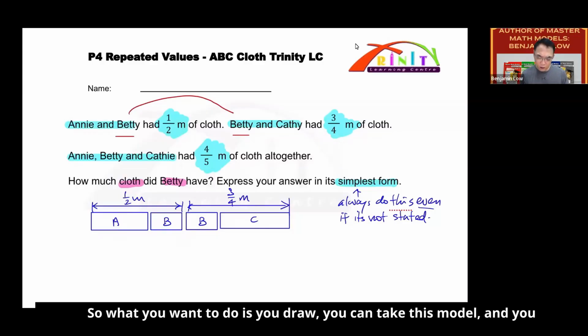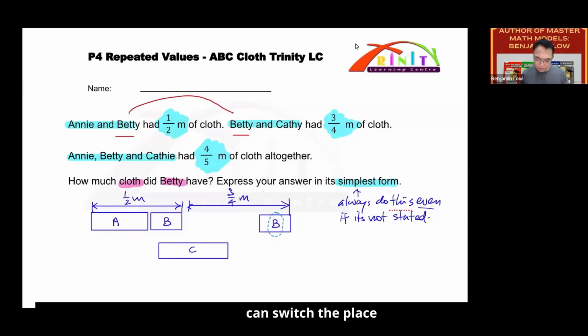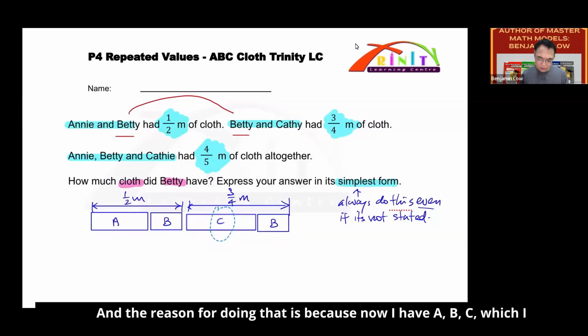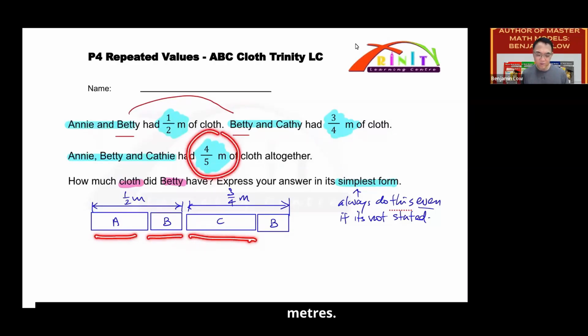So what you want to do is you can take this model and you can switch the place of the two models. The reason for doing that is because now I have A, B, C, which I know is 4/5 meters.